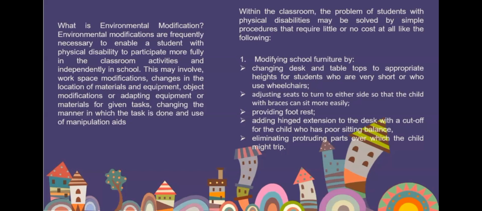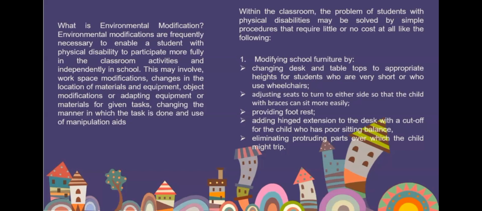So, within the classroom, the problems of students with physical disabilities may be solved by simple procedures that require little or no cost at all, like the following. So, number 1 is modifying school furniture by changing the desks and table tops to appropriate heights for students who are very short or who use wheelchairs.